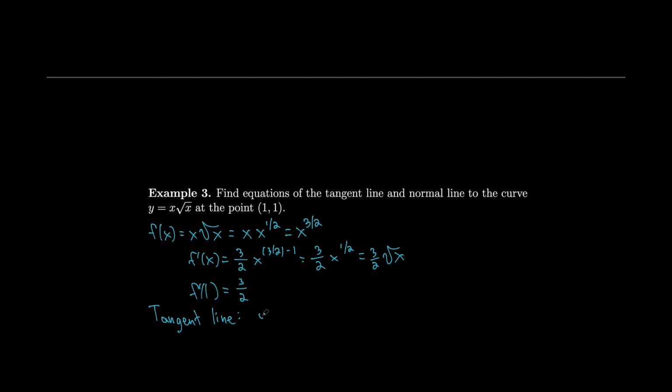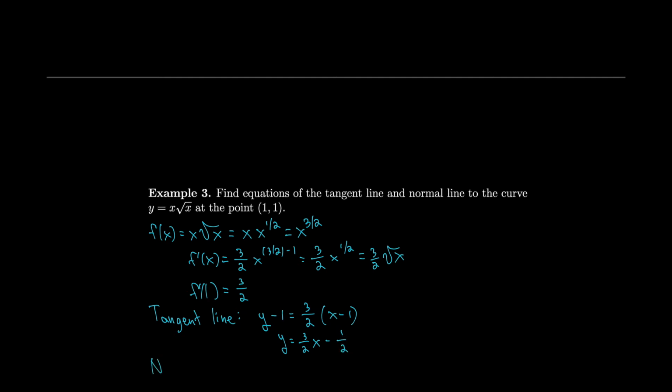That'll be in point slope form, y minus our y value of 1 equals m, our 3 over 2 for our slope, times x minus our x value of 1. And we can simplify that into y equals 3 over 2 times x minus 1/2.